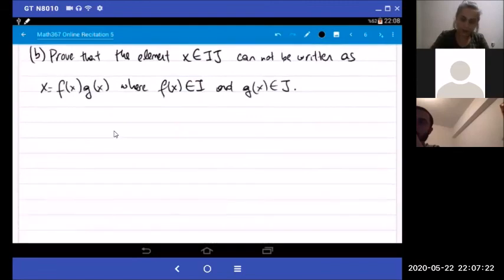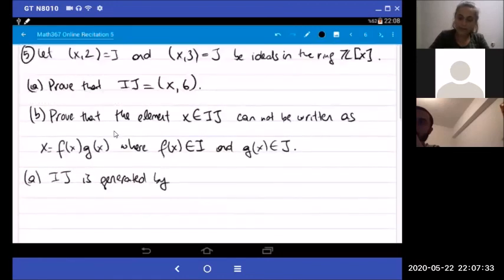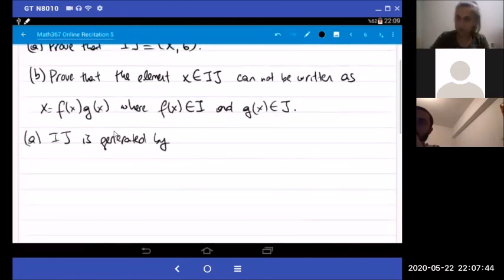Okay, the first one, I times J is generated by, since I is generated by x and 2 and J is generated by x and 3, the product ideal is generated by the product of the generators. Okay, naturally generated by all possible products.